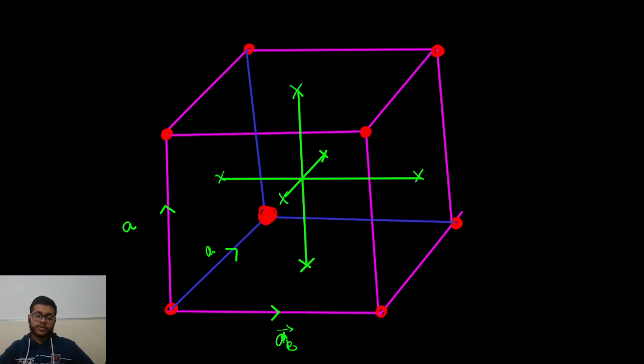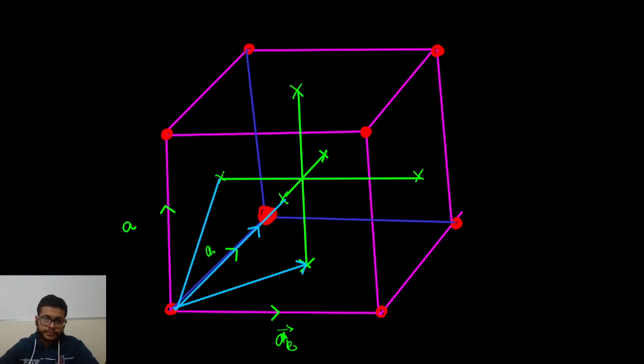So if we are now supposed to say what the primitive lattice vectors of this system are, we will see that the primitive lattice vectors are nothing but these vectors. This is one, this is one, this is one.